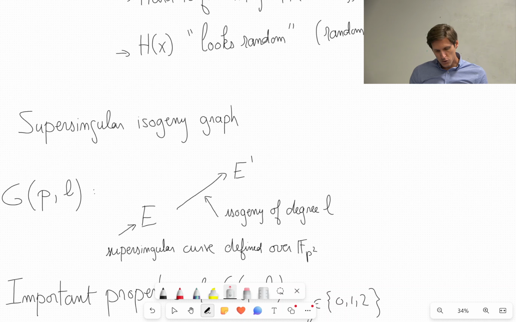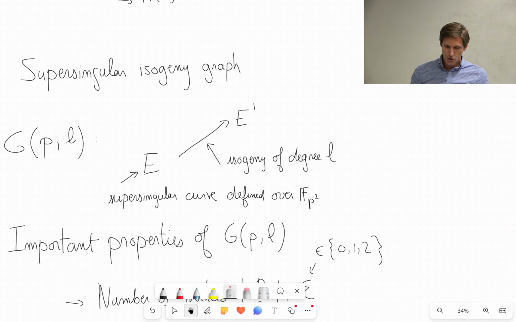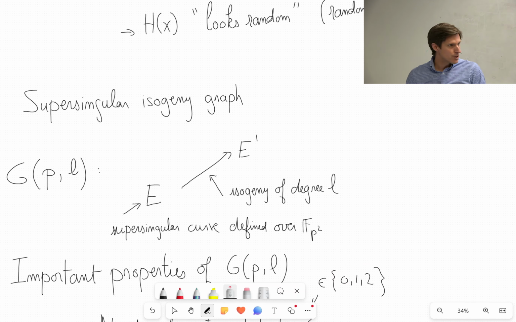The nodes are elliptic curves that are supersingular. For supersingular curves, you don't have to worry too much about the field of definition. They're all defined over F_p squared, so p really identifies that. And L is the degree of the isogenies that we're going to be considering.